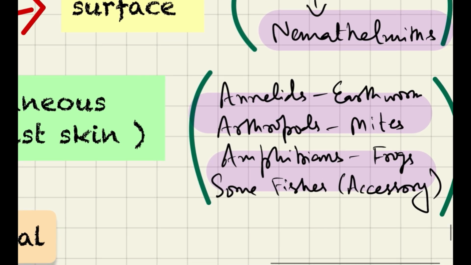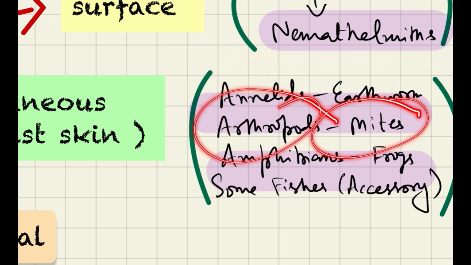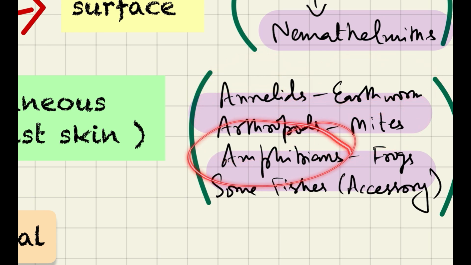It is seen in annelids, for example earthworm, arthropods, for example in mites. In amphibians it is seen, for example in frogs, and in some fishes also, as part of the accessory respiratory mechanisms, because in fishes the main aspect is gills.